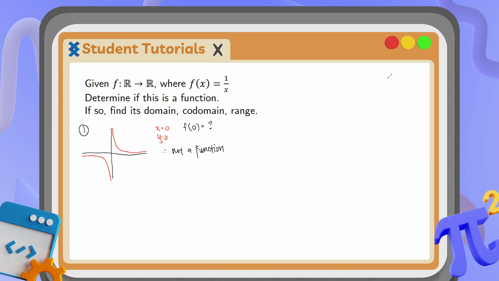However, if you remember from your senior high or mathematics in general, to determine whether it is a function, you apply the vertical line test. And if it passes through more than one point, then this one would not be a function.